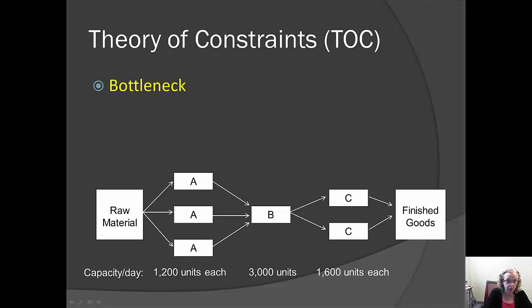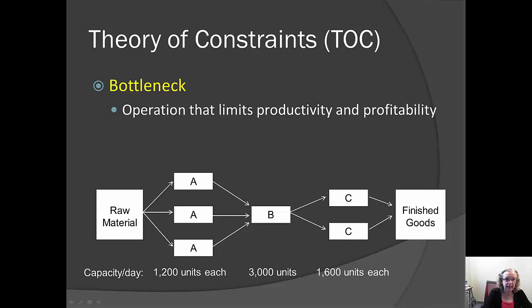You will be exploring this idea more when you take a management of operations course in this program. So what we're looking for is bottlenecks. A bottleneck is anything that limits our ability to be productive and therefore profitable.